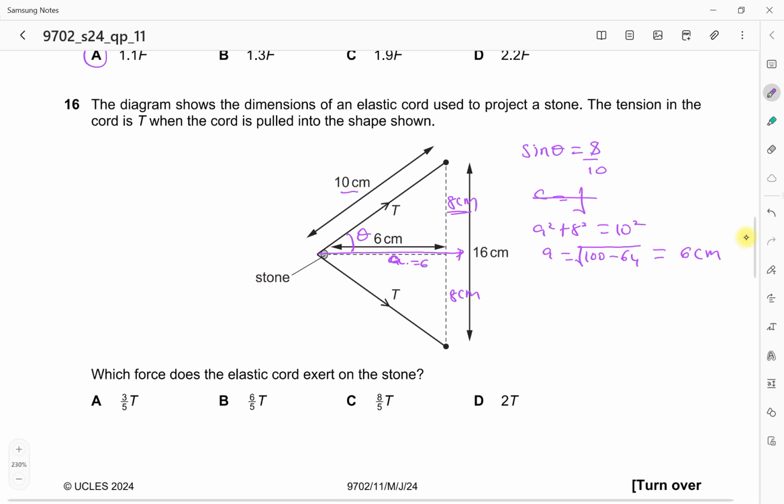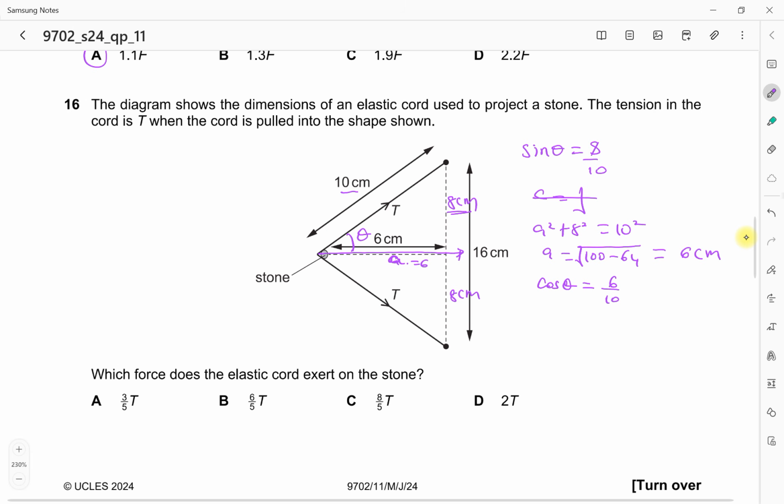The reason why I found A is because I want to find cos theta, which is equal to the adjacent, which is 6, over the hypotenuse, which is 10. Why do I need the cos? Because I'm going to resolve T in the horizontal, in the direction in which I expect the stone to move.